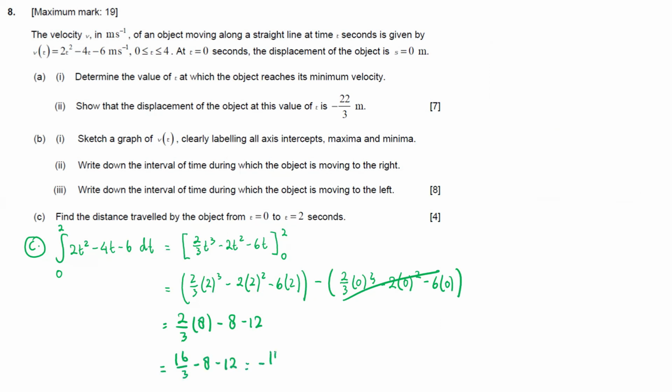Let's make it all over 3: 16 over 3 minus 24 over 3 minus 36 over 3. 16 minus 24 is negative 8. Negative 8 minus 36 is negative 44 over 3. Since distance is positive, we have to use the absolute sign. So our answer is 44 over 3 meters. Yes, it is in meters. So that's question number 8.